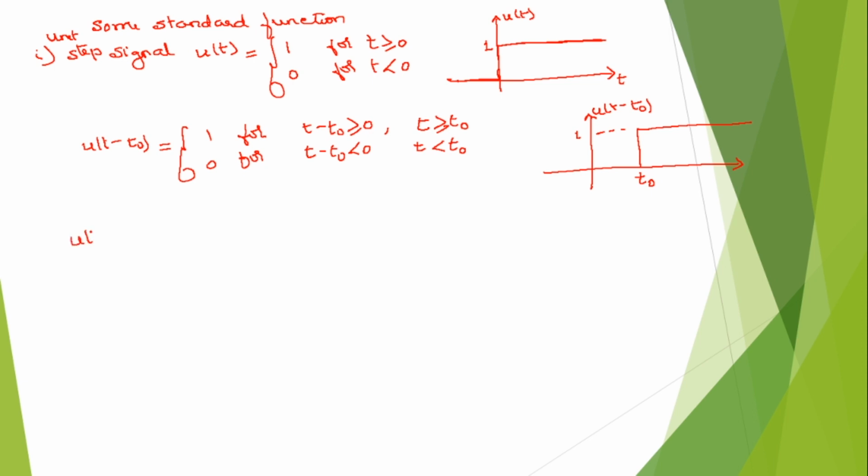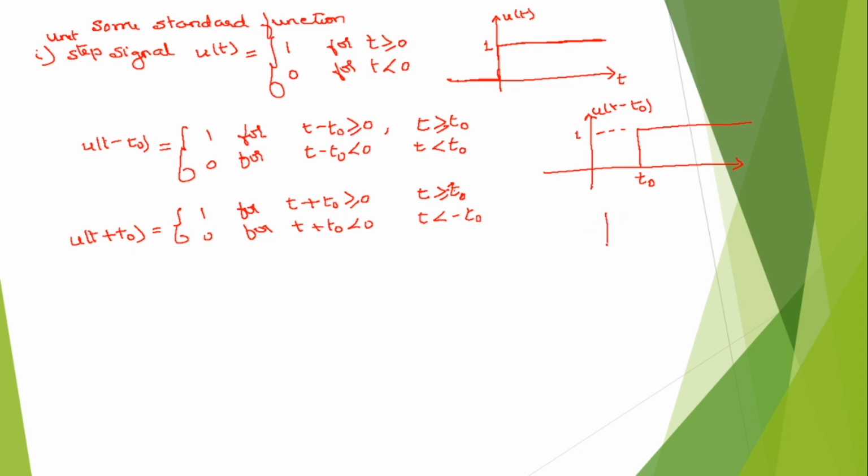Similarly, u of t plus t naught equals 1 for t plus t naught greater than or equal to 0, or t greater than or equal to minus t naught, and 0 for t plus t naught less than 0, that means t less than minus t naught.